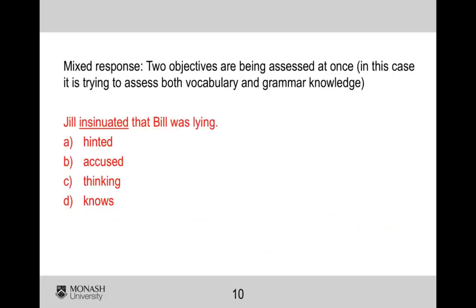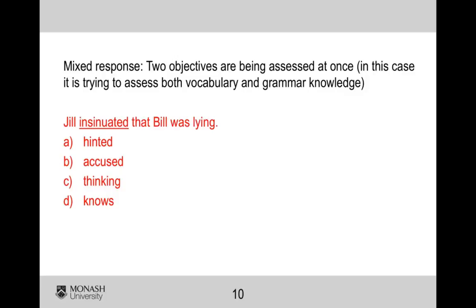Mixed response is the idea that two objectives are being assessed at once. In this case, and again, I'm a language person, so apologies for always having examples from this, it is basically trying to assess students' knowledge of vocabulary and grammar. "Jill insinuated that Bill was lying."